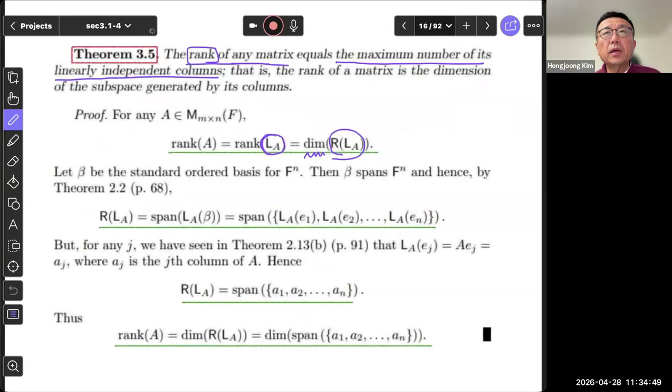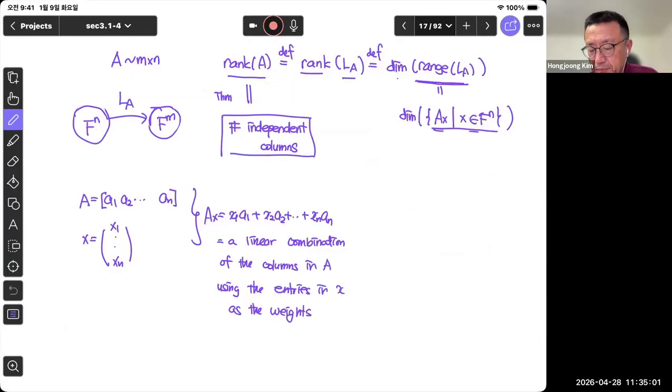So this range is the collection of all the possible linear combinations of the columns in A matrix. That will be the space generated by the columns in A matrix. Given this space, you consider its dimension.